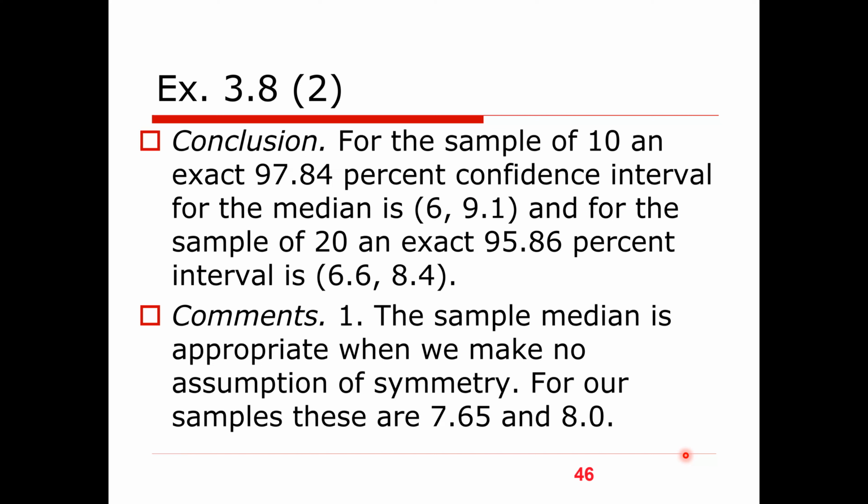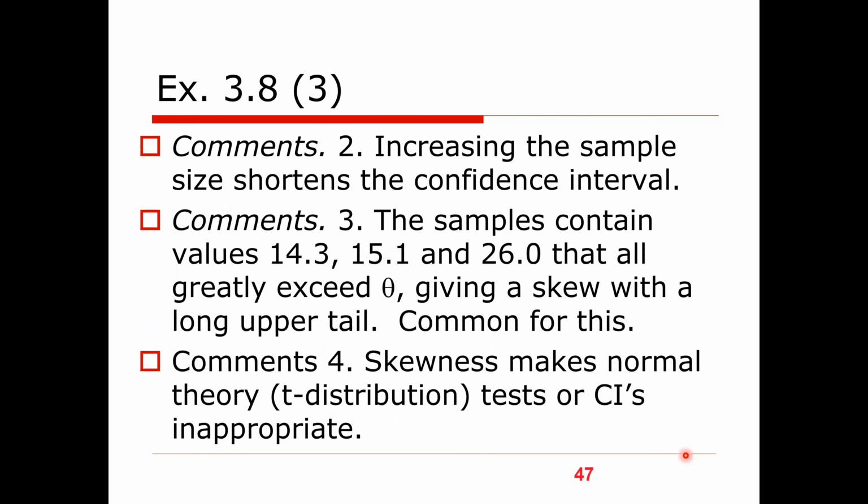Although I suppose there are some households that have negative net income when they have loans, student loans, they actually lose money over years, but we still bound household income at 0 as the minimum. So that is a way that we get skewed data. So increasing the sample size shortens the confidence interval with the same confidence level.